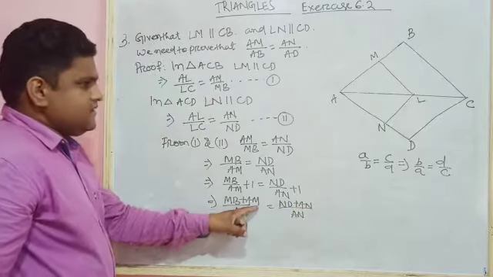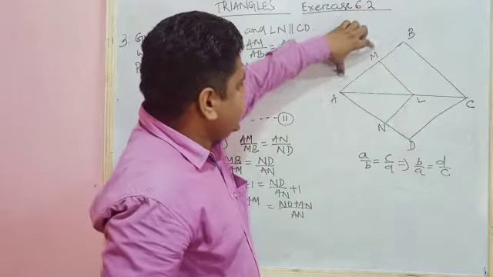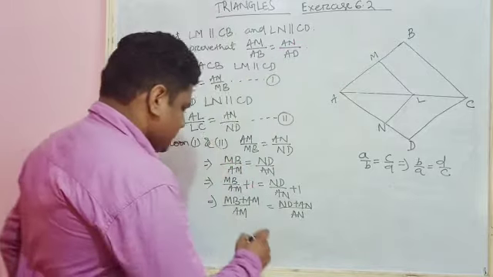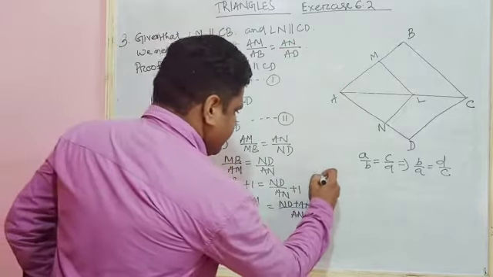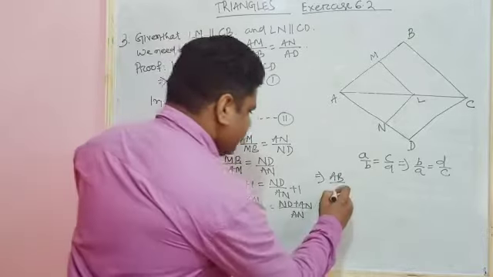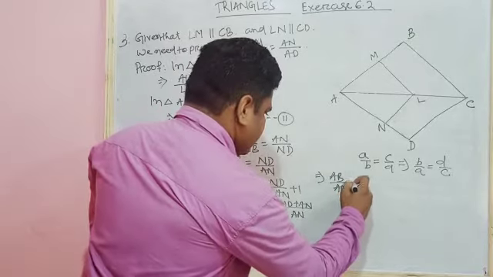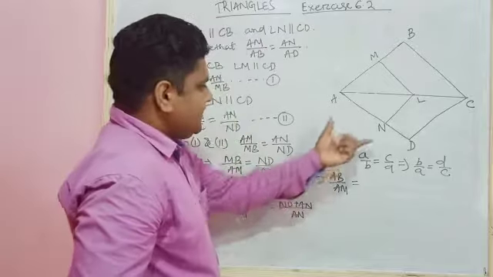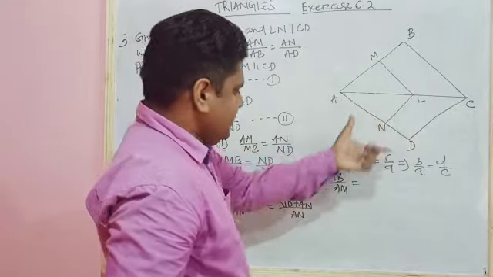MB plus AM is AB, so this implies AB by AM is equal to ND plus AN over AN, and ND plus AN is AD, so AD by AN.